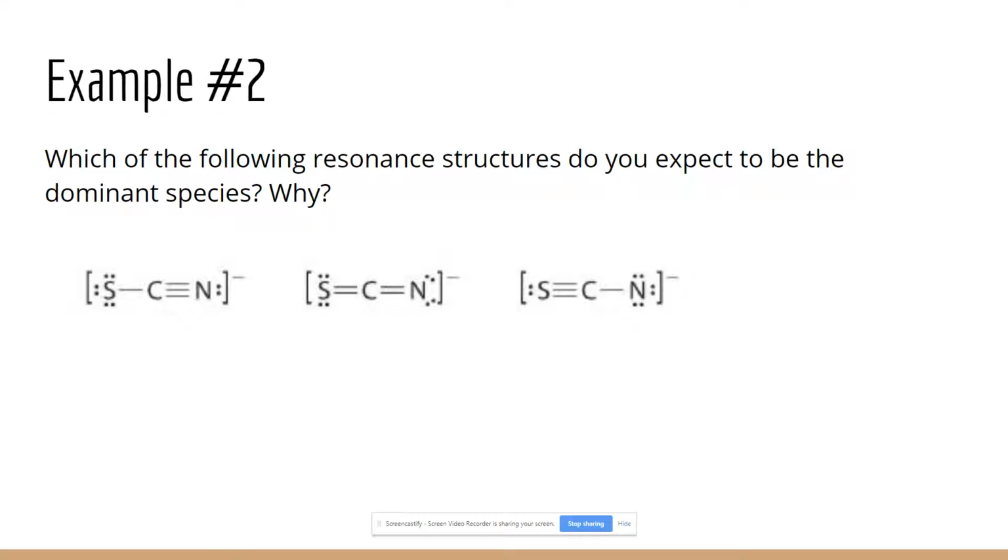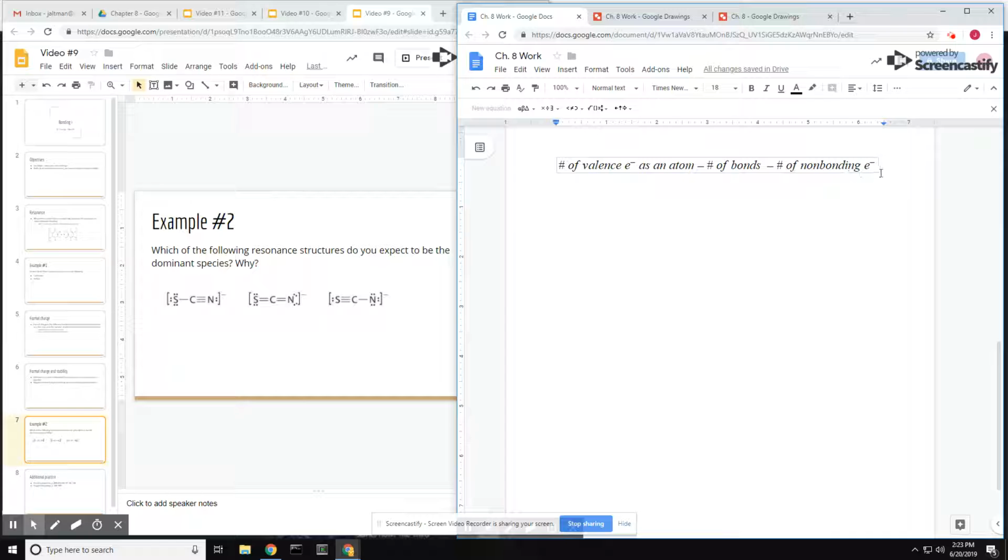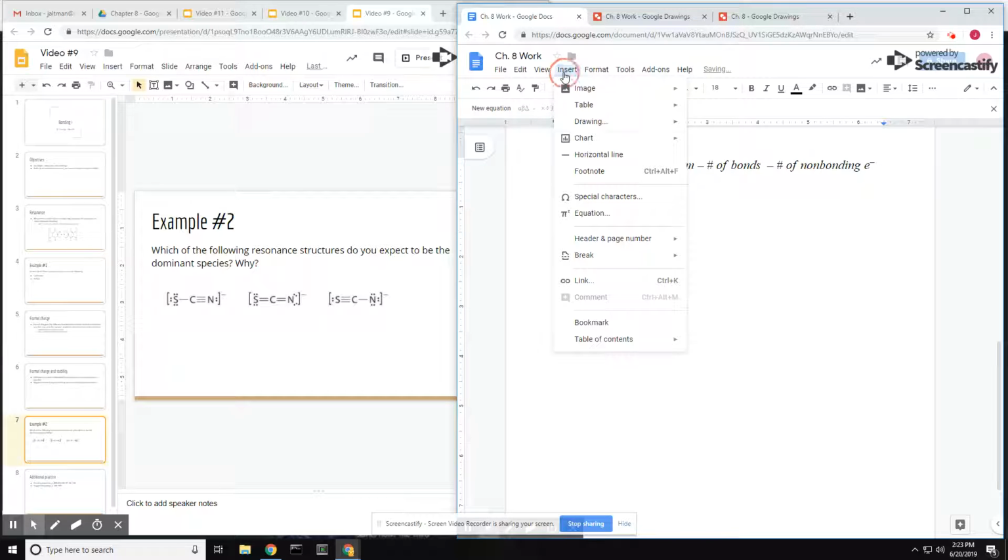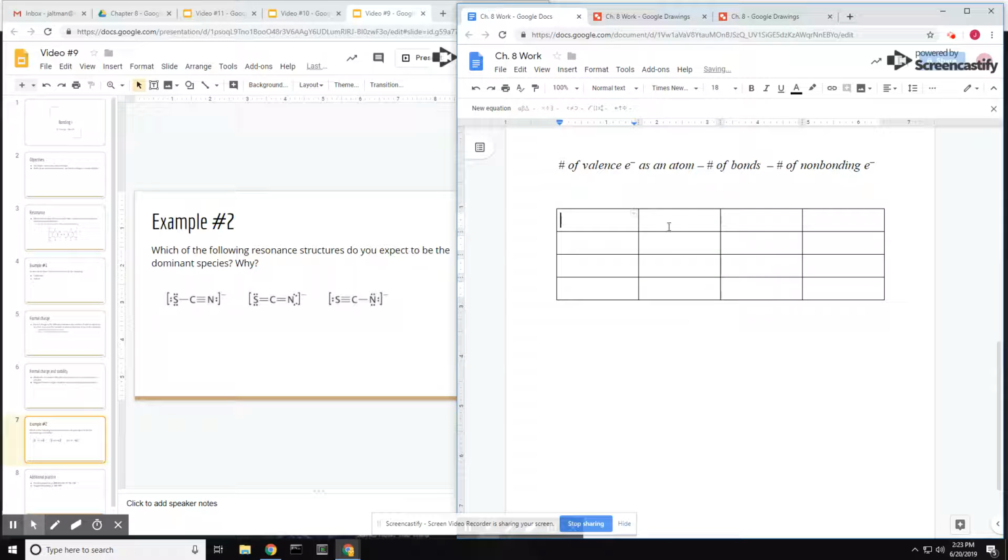Pause here. All right, let's take a look at this. We've got 3 different resonance structures of the same thing. All right, so let's take a look at the first resonance structure. So I have sulfur. It has 1 bond and 6 non-bonding electrons, so its formal charge is -1. I've got carbon, which is 4 minus its 4 bonds is 0.